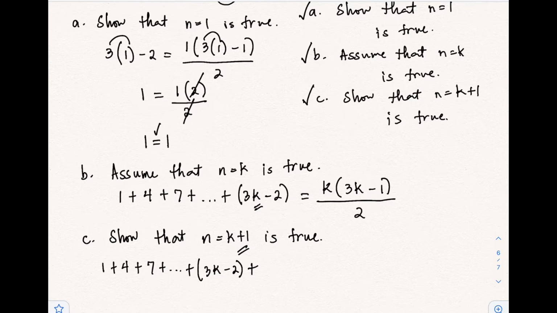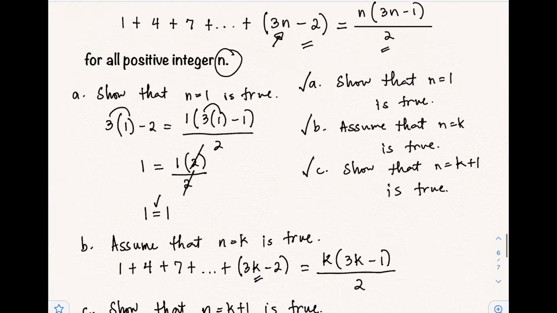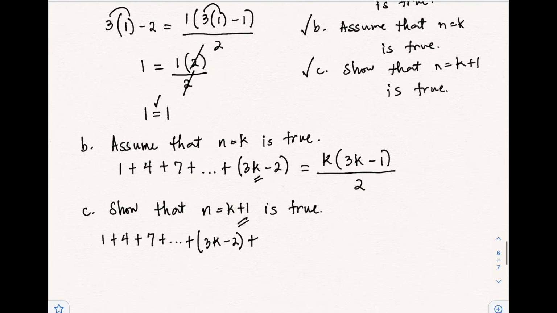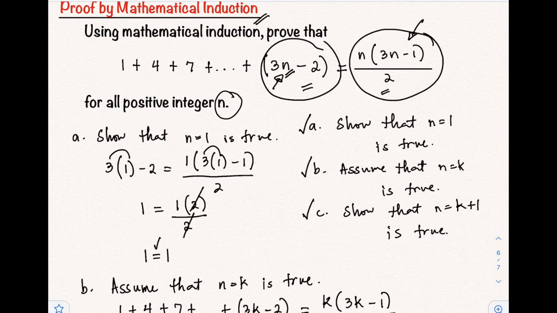Okay, yun nga lang. Ang itsura ng ating term is 3n minus 2. So, yung n natin dito, gagawin natin k plus 1. Okay? So, that is 3n. So, ang n natin is k plus 1 minus 2. Nakuha guys? So that is equals to, we have n times 3n minus 1. So ang n natin dito magiging k plus 1.